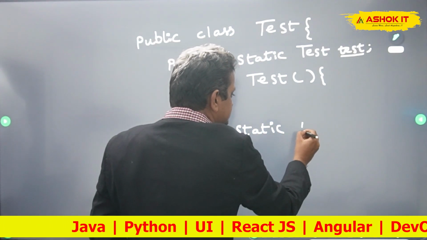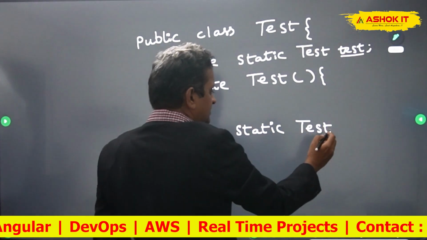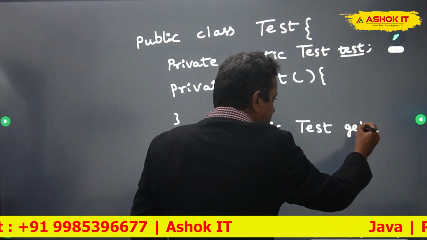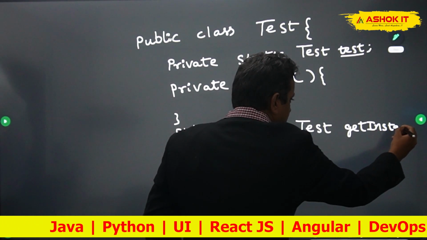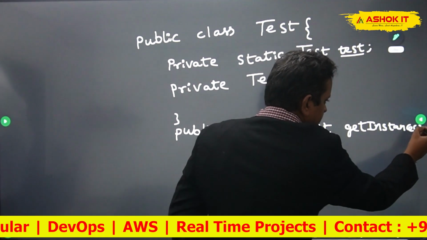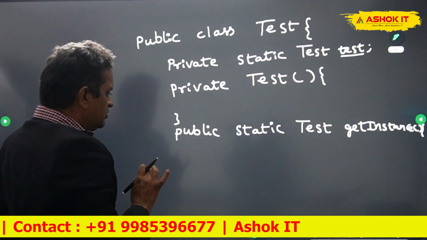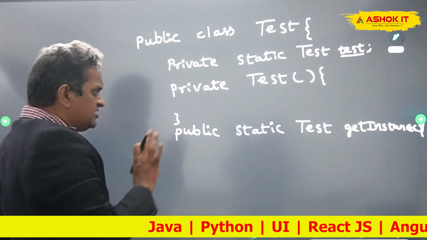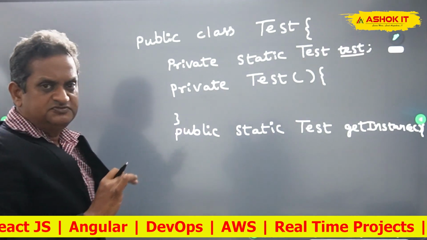So the return type is Test. What is the factory method name? Any name you can write, but I say getInstance. Now in this, you will create the object of the class and return the reference.